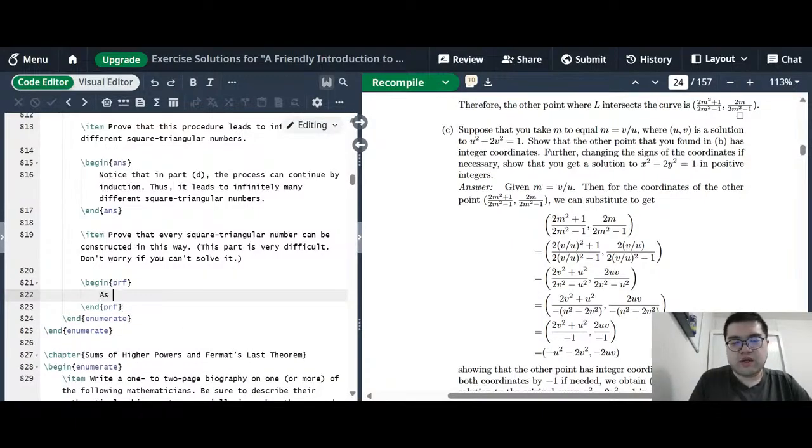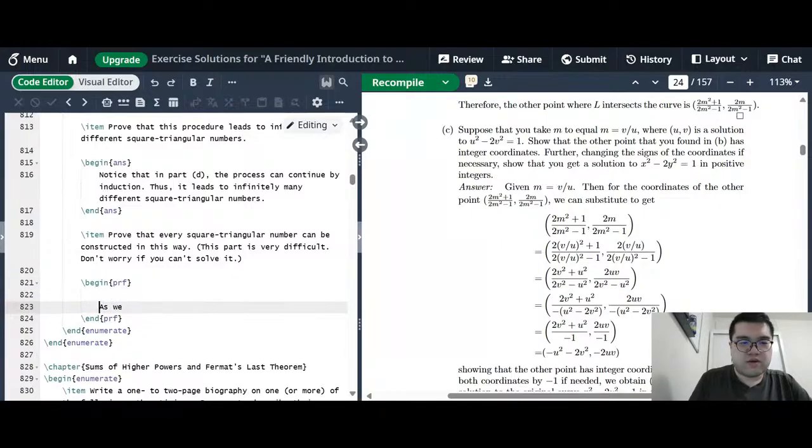I'm going to put a note here, by the way: formal, informal proof.